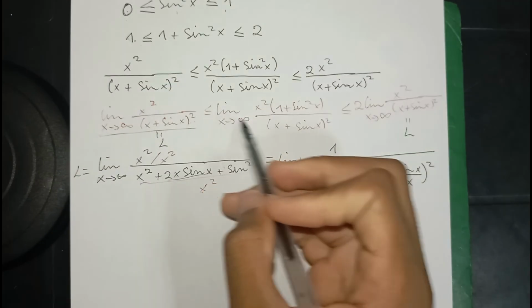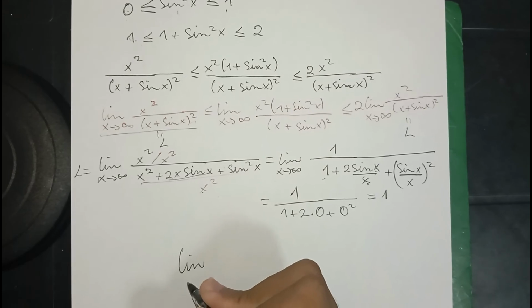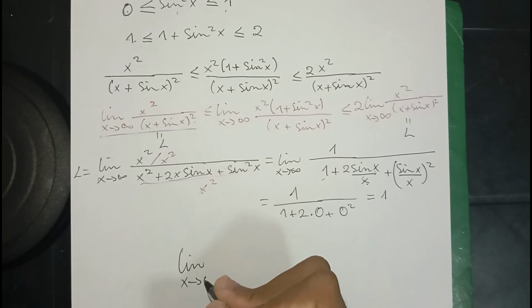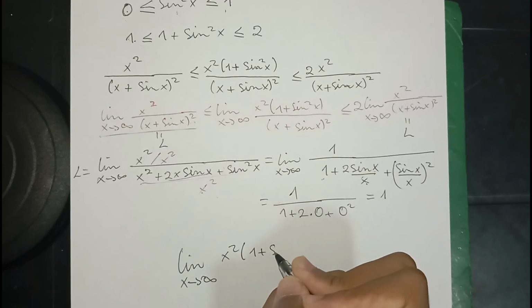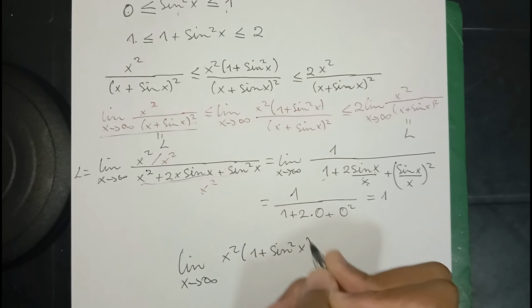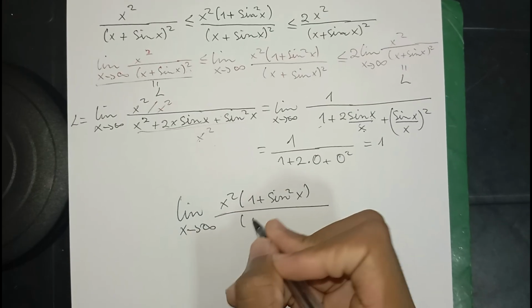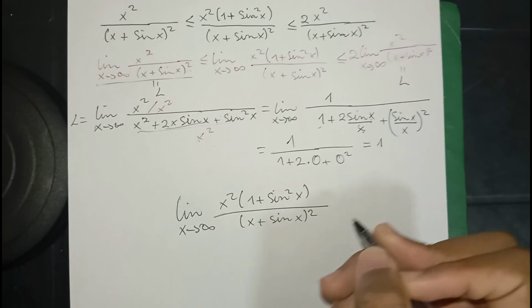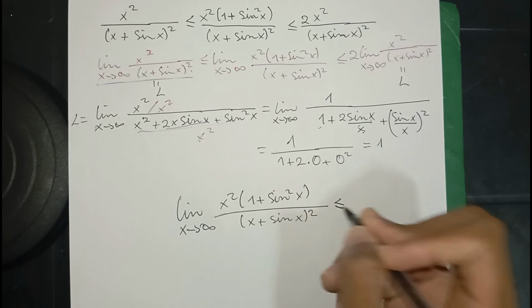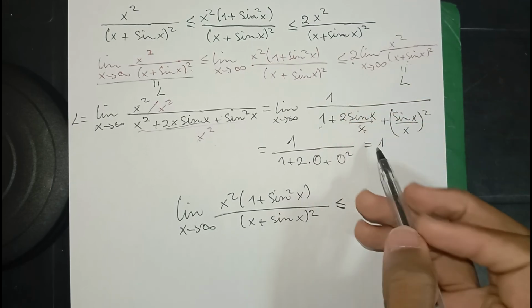So I can write that the limit that we wanted, the limit of 1 plus sine squared of x over x plus sine of x squared, is 2 times this limit that is equal to 1.